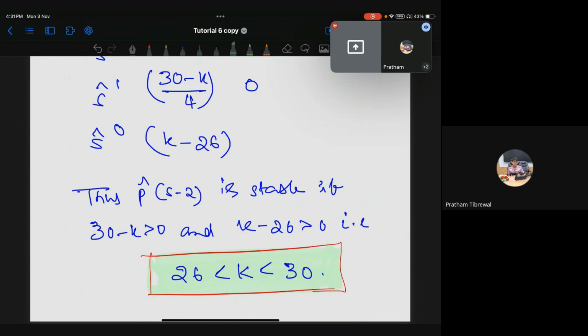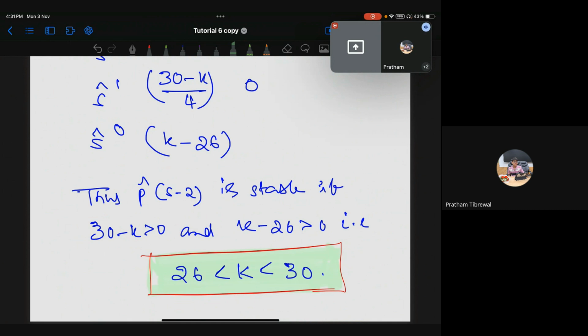Yes, then we will get poles on the left side of s equal to minus 2, or you can say s cap equal to 0. So we are simply shifting the origin from s equal to 0 to s equal to minus 2 on the left side.